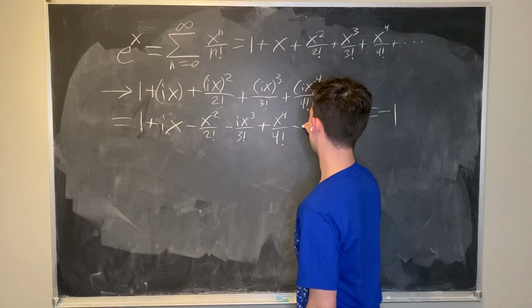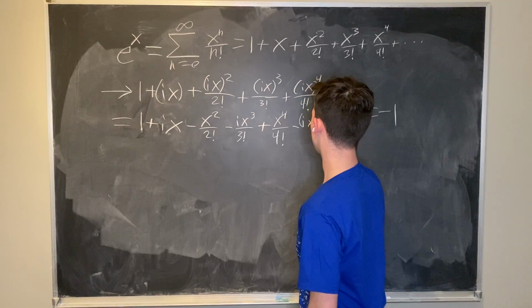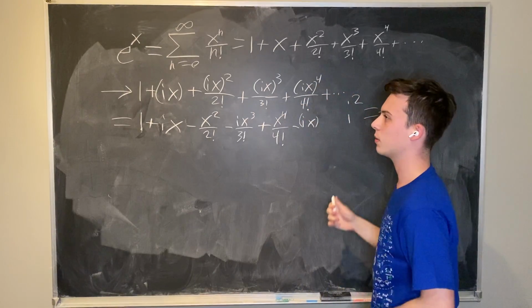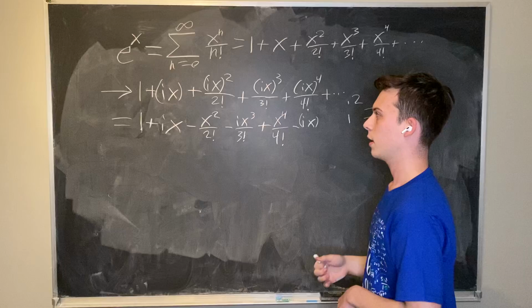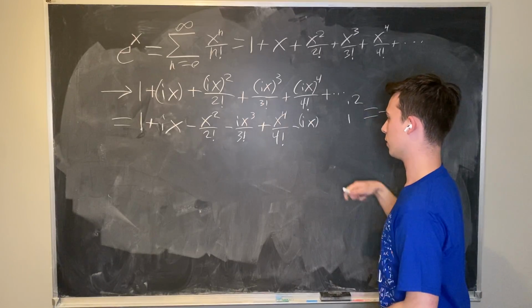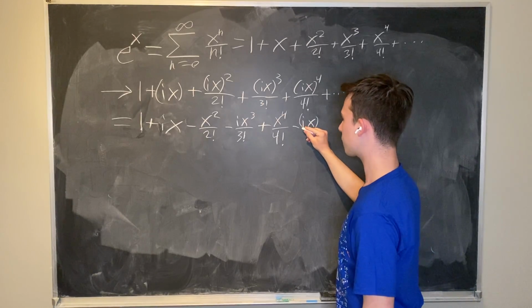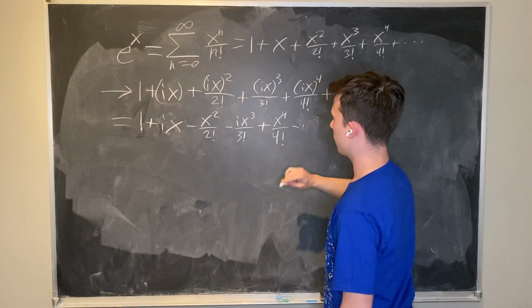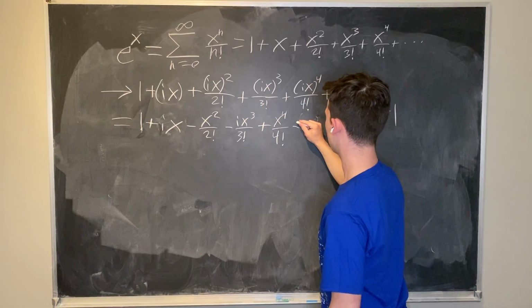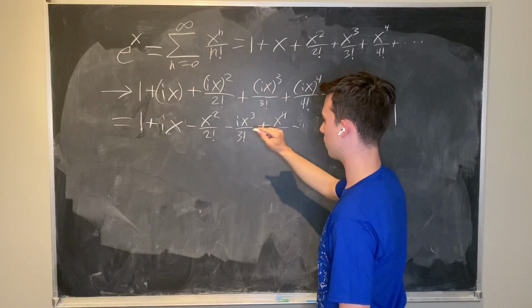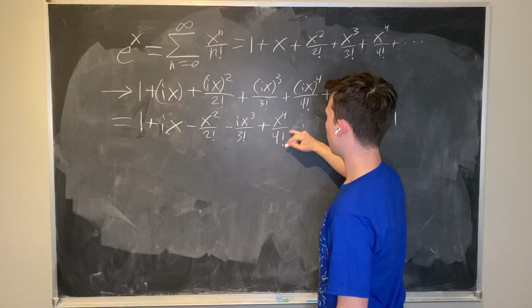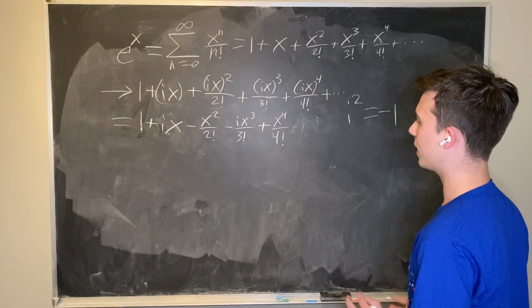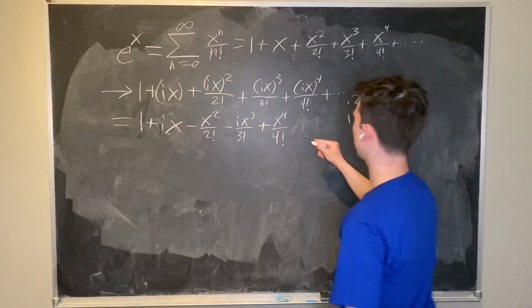And if you follow this pattern and you actually plug that in, if you do ix to the fifth power over 5 factorial, you'll see that we end up getting something rather interesting.